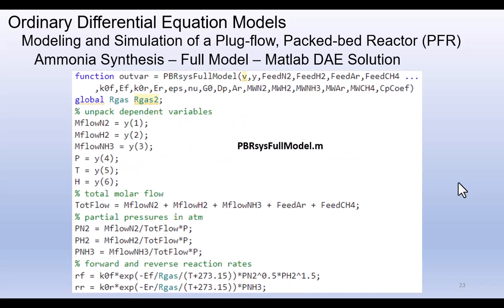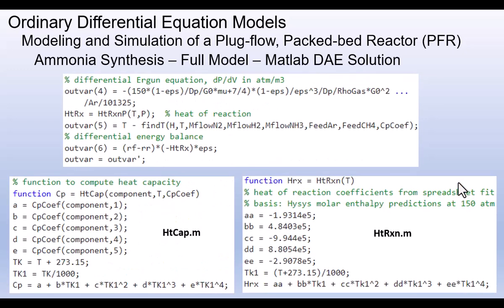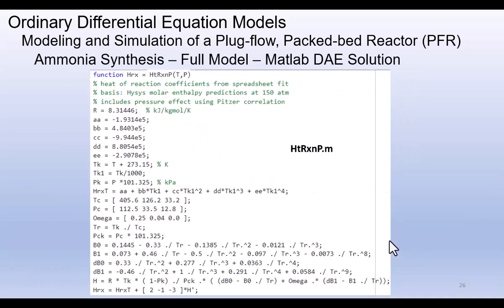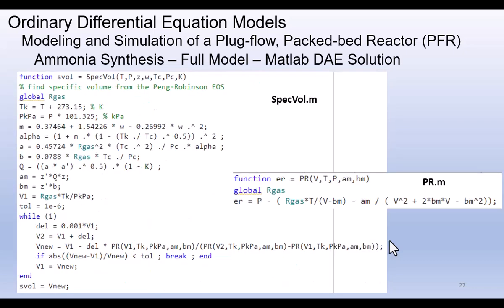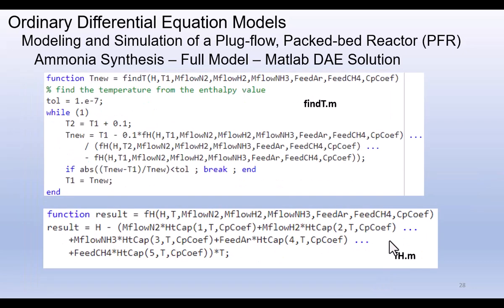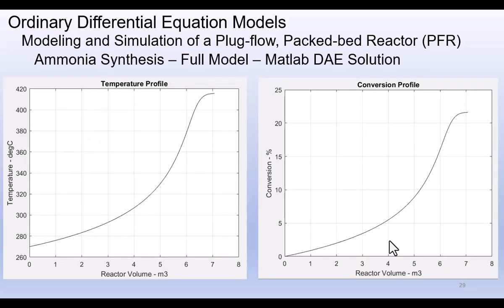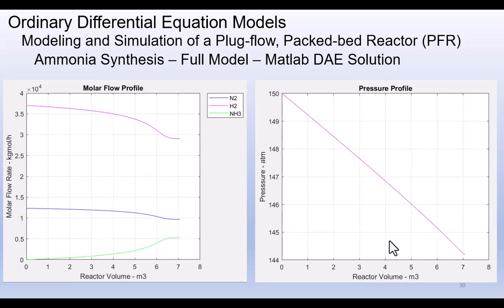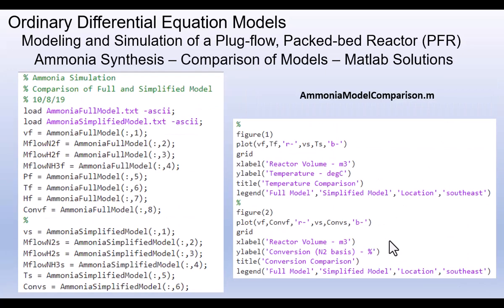This is the full model routine that computes all the derivatives, and that ends at this point here. And then we have our supporting functions for heat capacity, heat of reaction accounting for pressure, specific volume, Peng-Robinson equation of state, find T and find H, and then we have our results, all right? So that's about it for that.